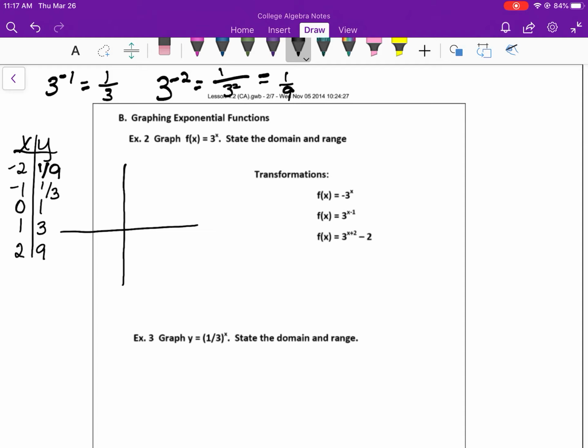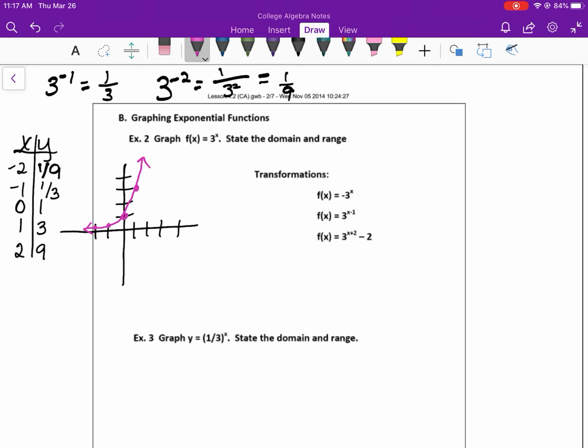Okay, so let's go ahead and graph. And there we go.